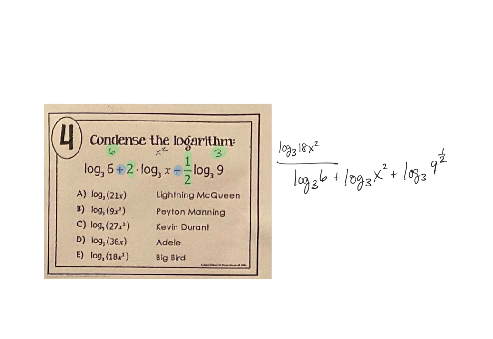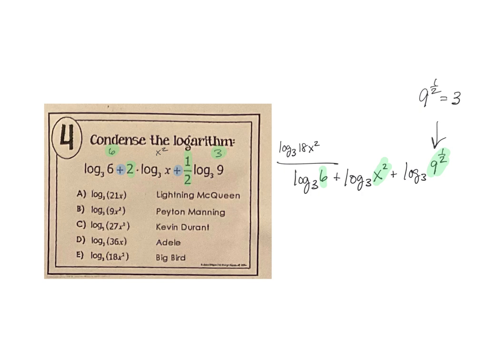Now, I have simplified it all I can before I multiply. Because all of my signs are plus signs, that means that all I have to do is multiply this number times this number times this number. But before we do that, what is this number? 9 to the 1/2. You can put that in your calculator, and your calculator will tell you that it is 3.